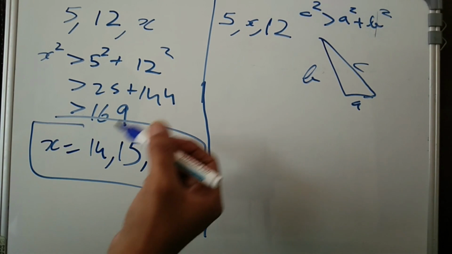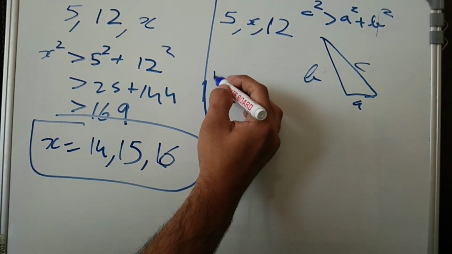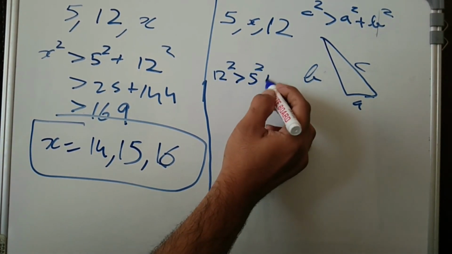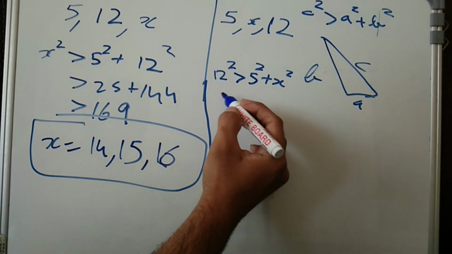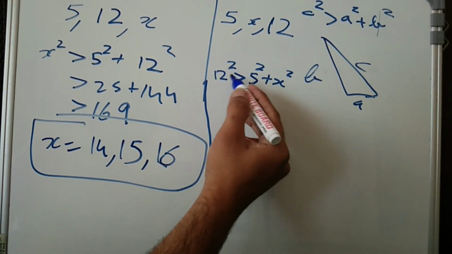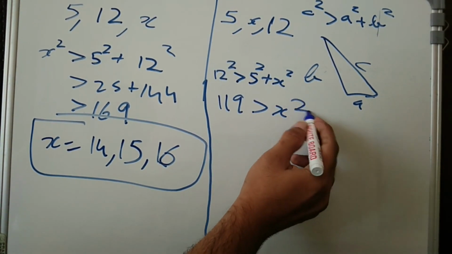If I talk about the second case, now 12 is the longest side, so 12 square should be greater than 5 square plus x square. So this will be 144 minus 25, that will be 119, which should be greater than x square.